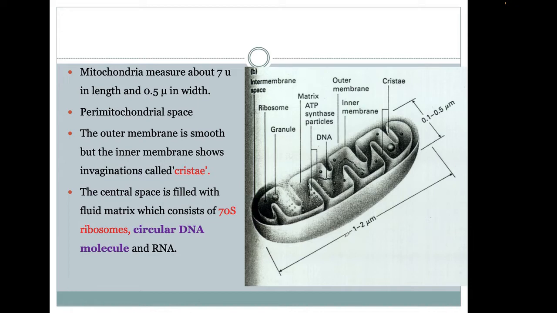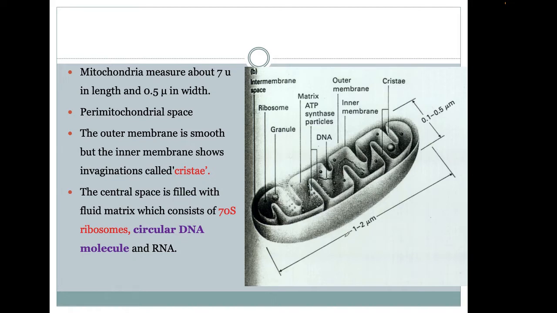Mitochondria occur in eukaryotic cells and their number varies from cell to cell depending on the functions occurring in the cells. Usually they are found in large numbers in actively dividing and growing cells.